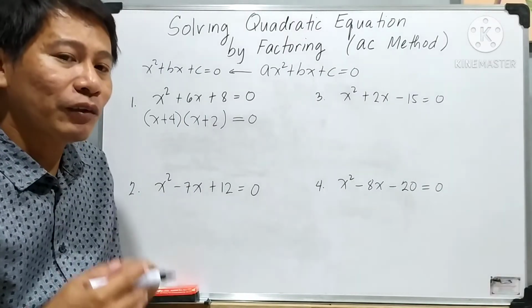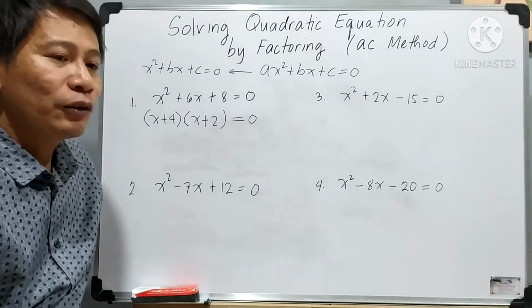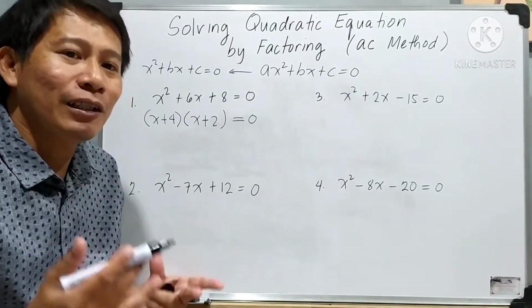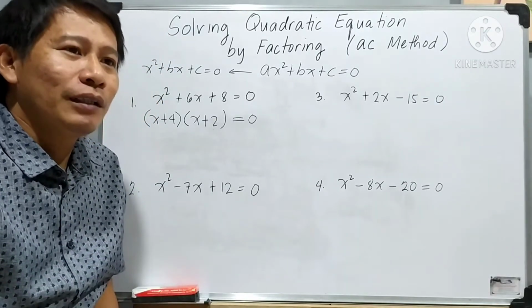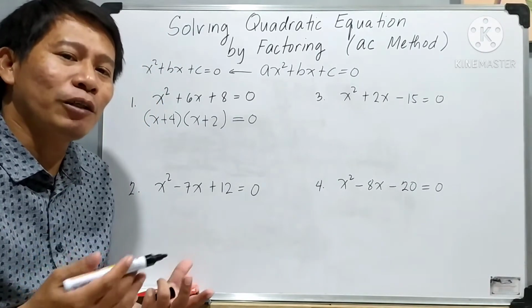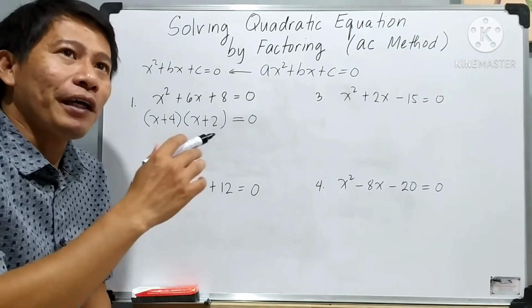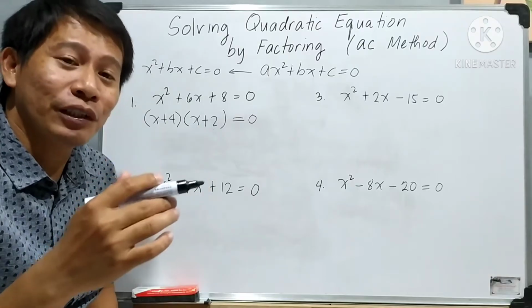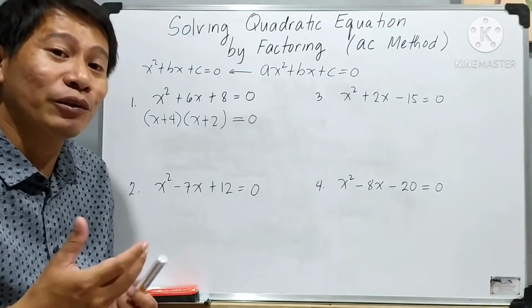So after kung ma-factor na yung left side expression natin, ang sunod na gagawin ay i-apply natin yung tinatawag na zero product property. By definition, ang zero product property states that if A times B is equal to 0, then A is equal to 0 or B is equal to 0.